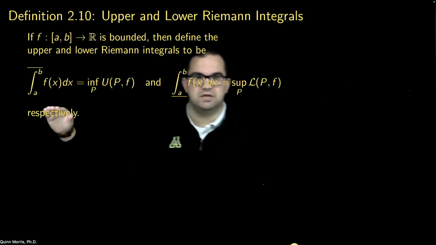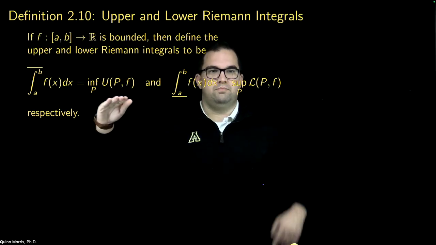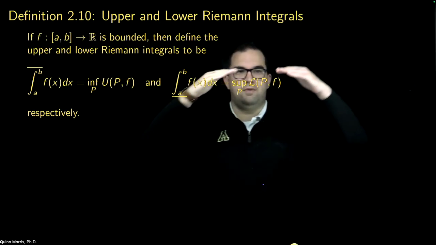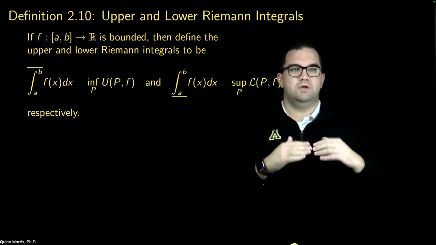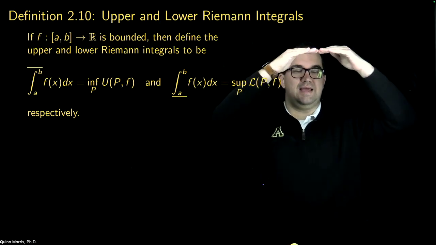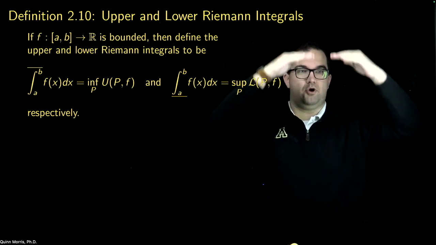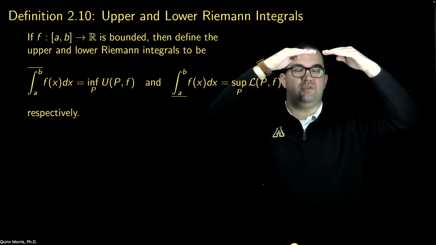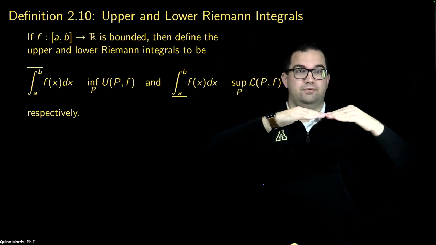The idea is to define the upper Riemann integral to be the infimum of all of the possible upper sums of that function. Take every possible partition, take the upper Darboux sums of that function over the partition, then look for the infimum of all of those, the greatest lower bound.